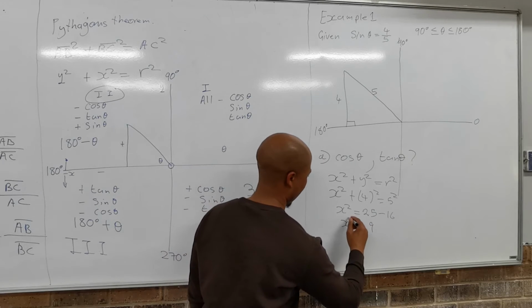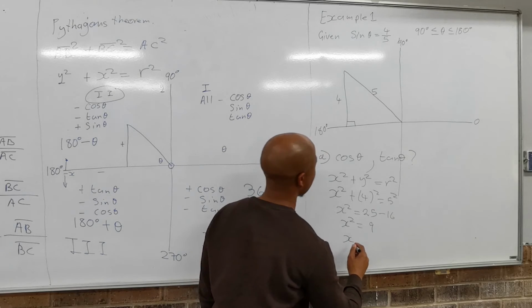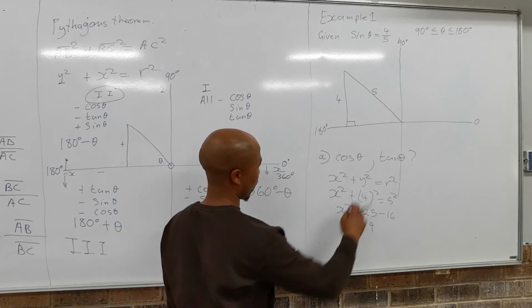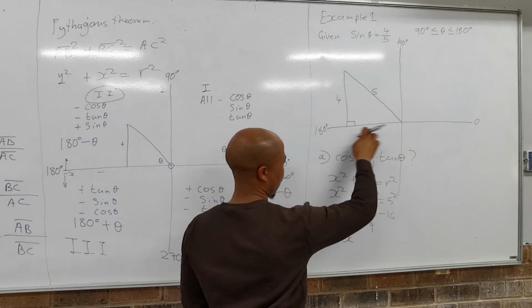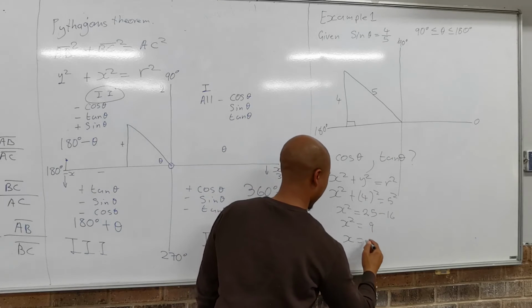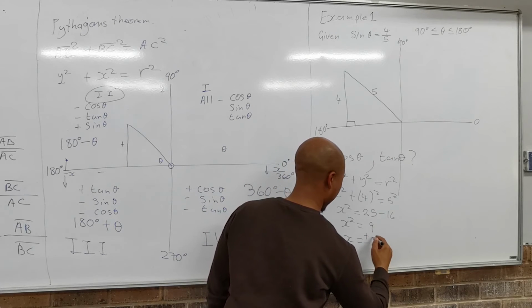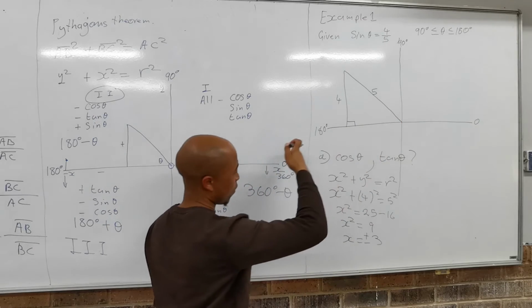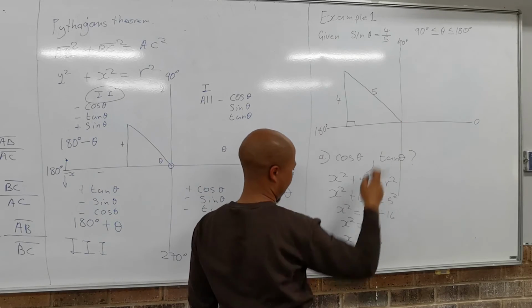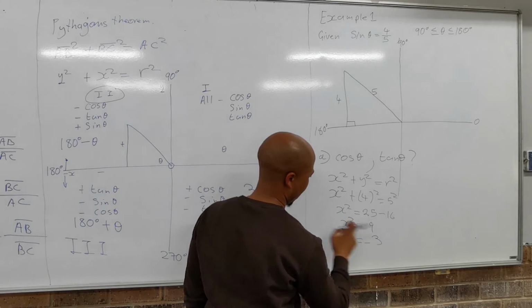This is your x squared, and therefore your x. You need to be very careful. Normally your answer would be plus or minus 3. However, we have been restricted, therefore it is only minus 3.